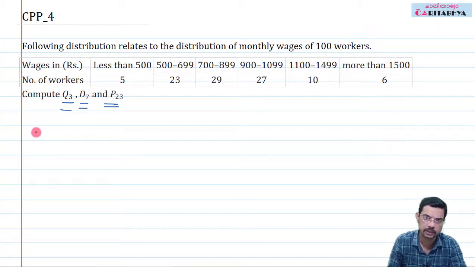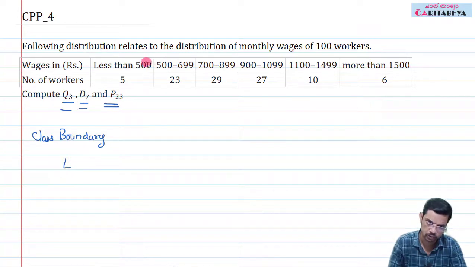We have the class or wages here, and the lower boundary point of each class shall be taken as the class boundary points. First we have an extra class at the top, let me take it as a lower boundary point because here it is an unbounded part, so less than something.